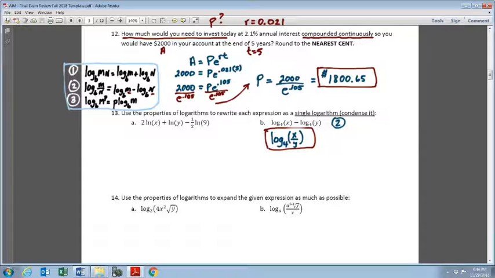And so we're actually using property 3 first, which tells us, basically we have a number out front, we're going to move that to be an exponent. And so we'll go ahead and move the 2 to be the exponent on x, and the 1/2 to be an exponent on 9. So we're using property 3.